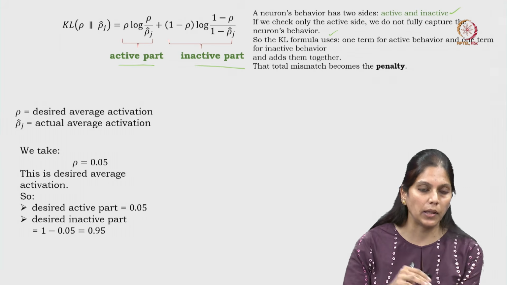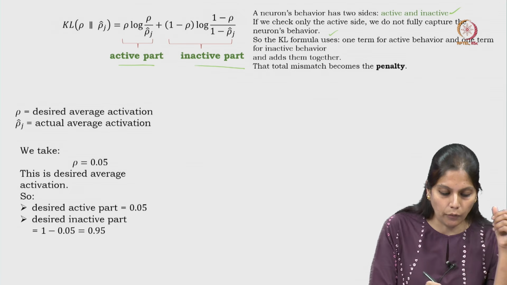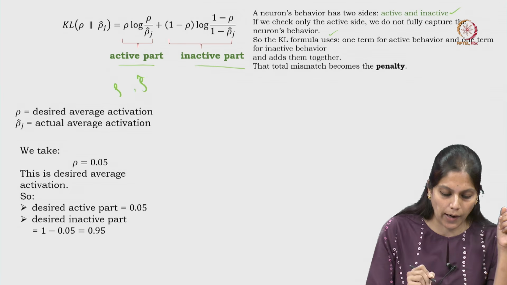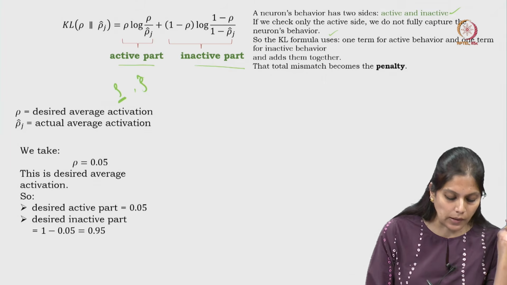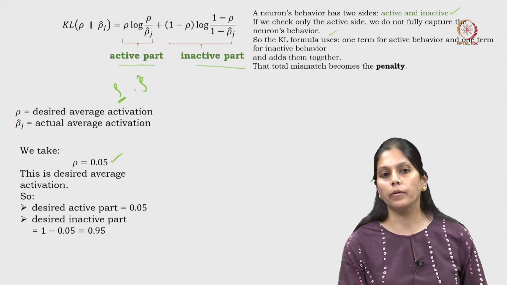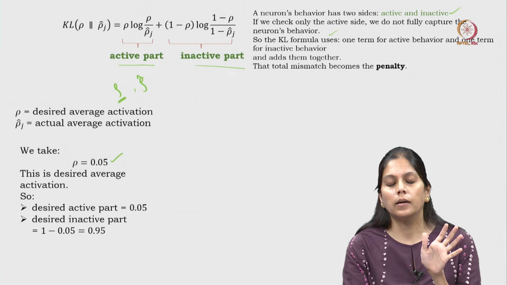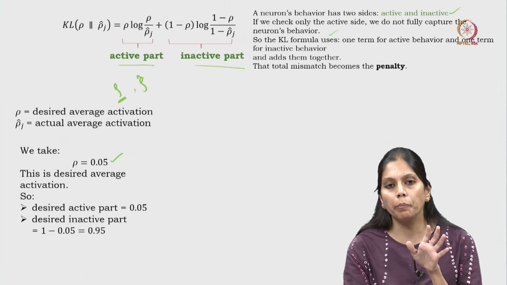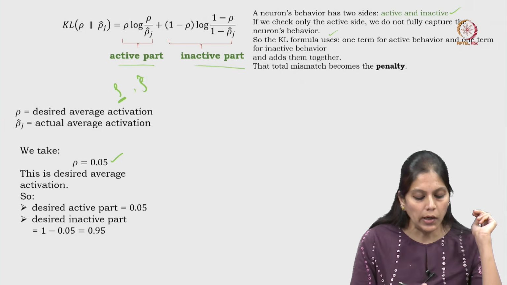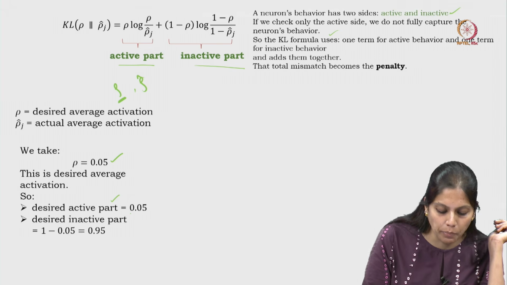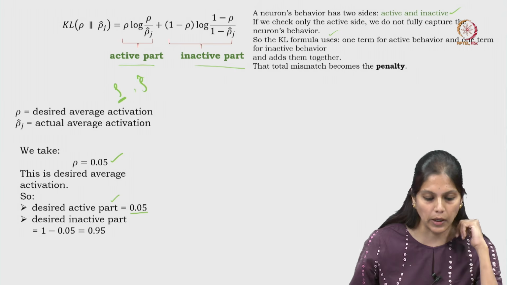Let us see this mathematically with one numerical example. We have rho and rho hat. Rho is the desired one. Let us assume the desired is 0.05, which means the desired average activation should be 0.05. So here there are two: desired active part should be 0.05, and desired inactive part.